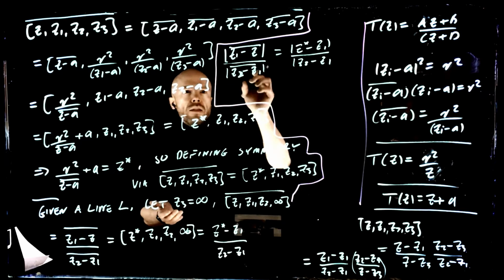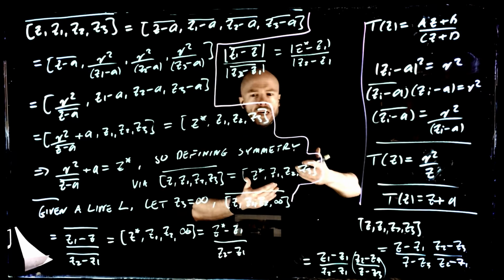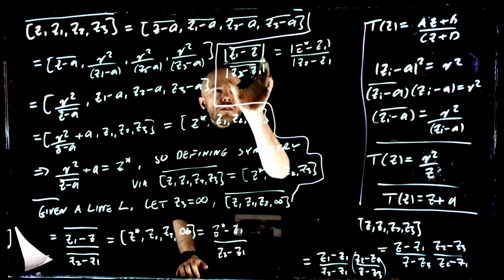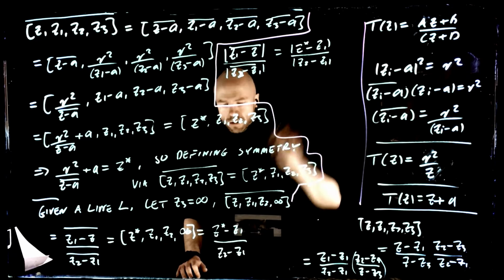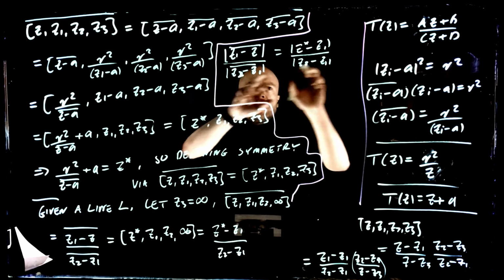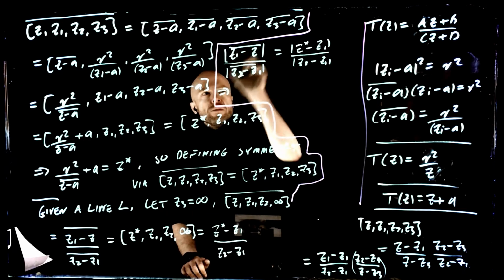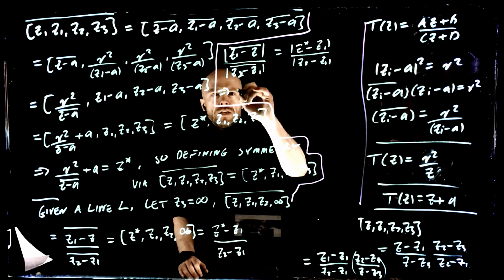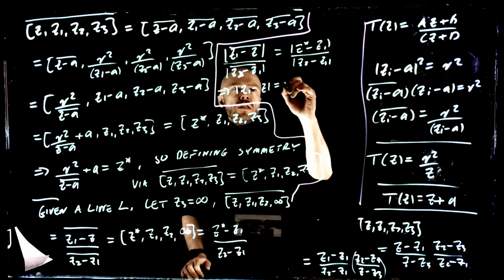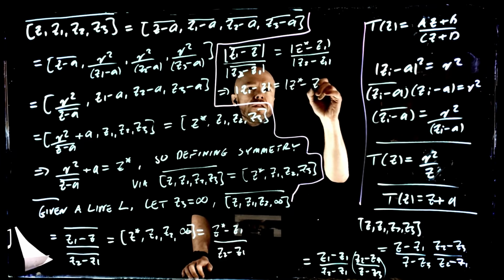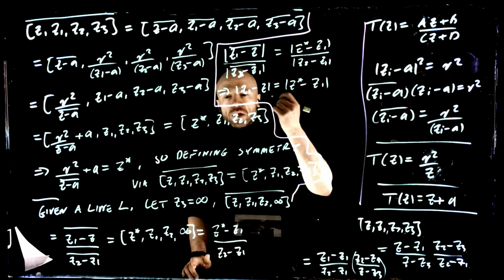And taking the complex conjugate doesn't change the absolute value of any complex number, right? So this is 1 here. This is 1 here. So this thing is the same as this thing. Let's stop writing the complex conjugate at the top here, because again, it doesn't change anything when you take the absolute value. So it's z1 minus z is equal to z star minus z1. And that's for any z1 on the line, right?